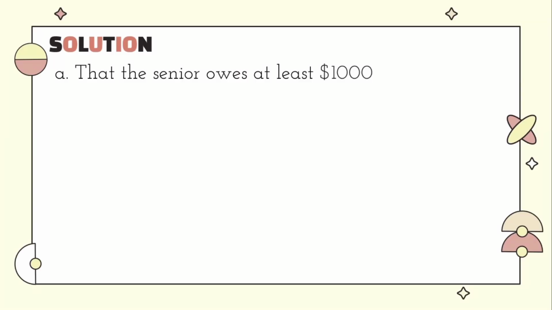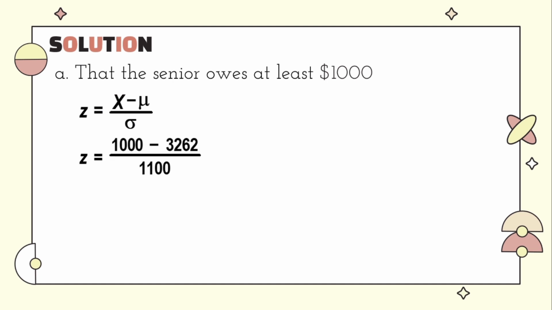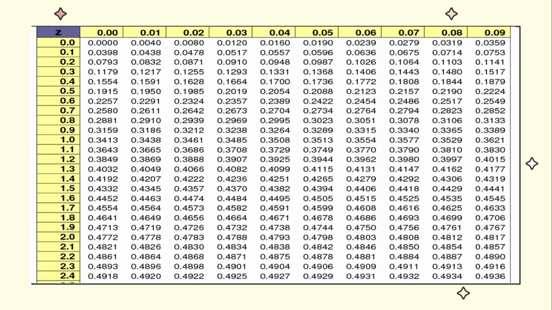The next thing we do is to find the z value of 1,000 using our formula z is equal to x minus mean divided by standard deviation. So we have z is equal to 1,000 minus 3,262 divided by 1,100, and that is equal to negative 2.06. The next step is to find the appropriate area in our table.